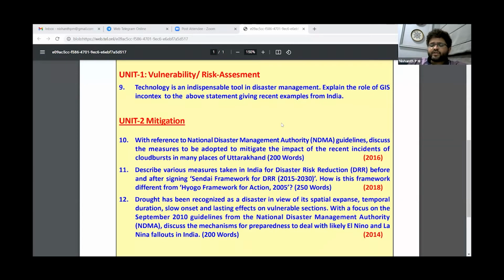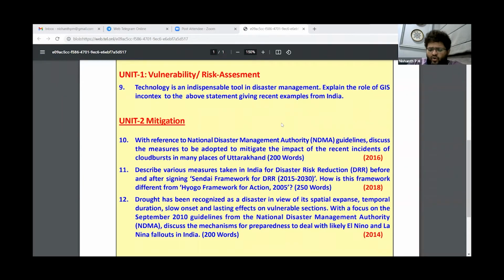And by using different satellite images, especially the remote sensing satellites, we can get information regarding the dynamics of that particular place during the disaster. And by understanding the changes in the weather through the remote sensing satellites or the weather satellites, we can assess the impact of disasters like cyclones on that particular area.